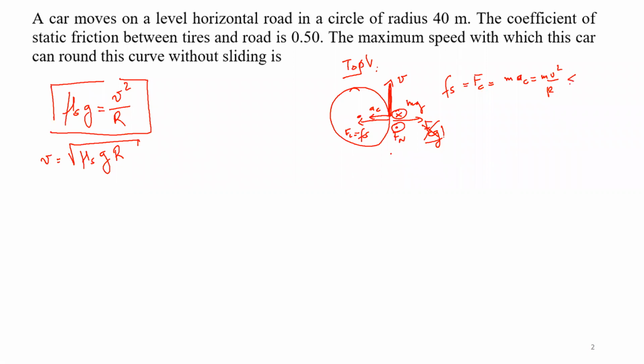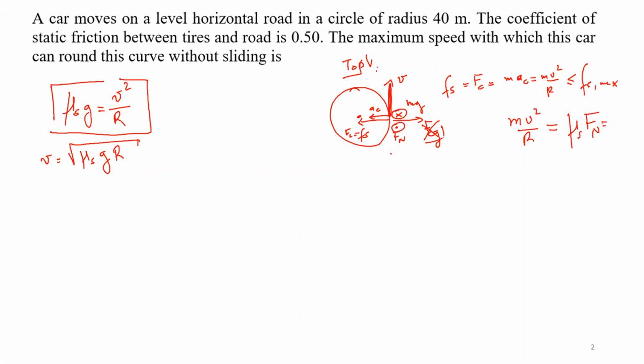And this should be smaller than the maximum static friction, Fs max. Why? Because if this is bigger than the maximum static friction, I will slide away. So the maximum speed is such that m v squared over r is equal, at max, to the maximum static friction, which is mu s Fn.